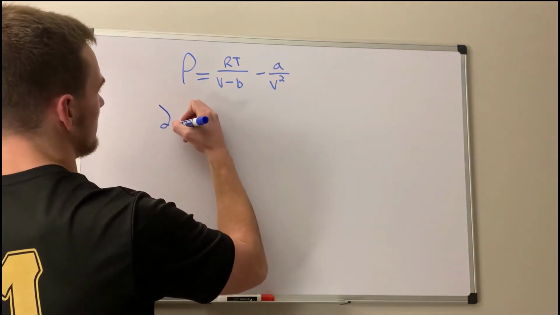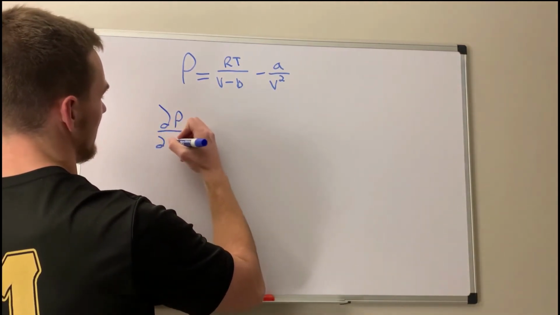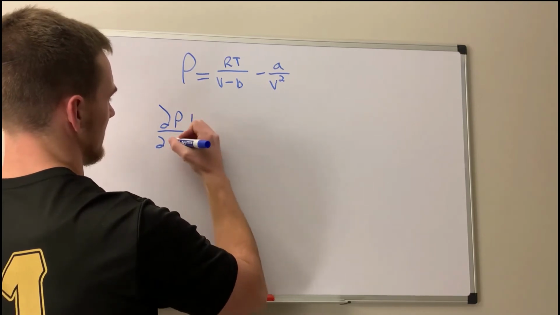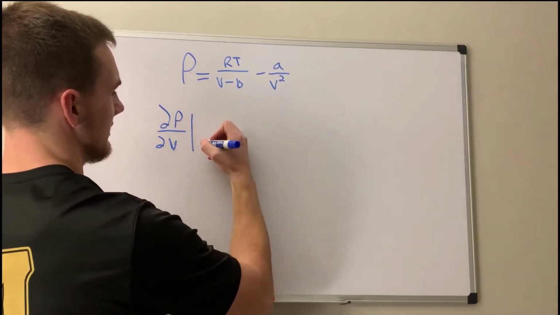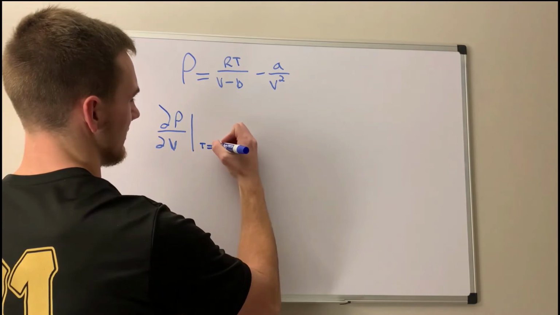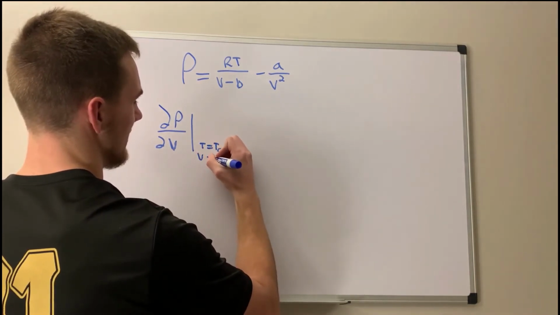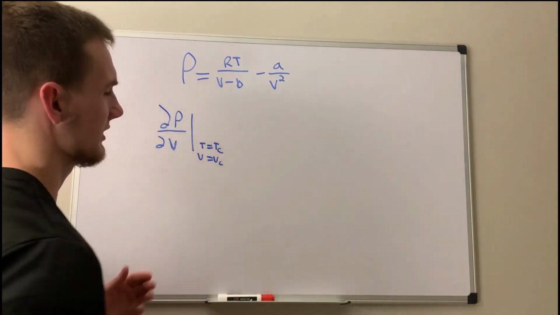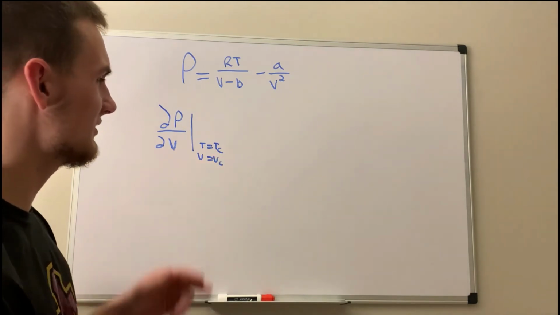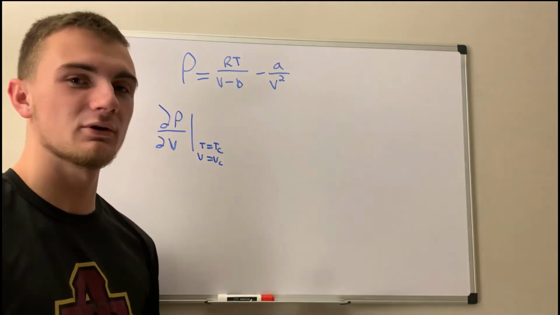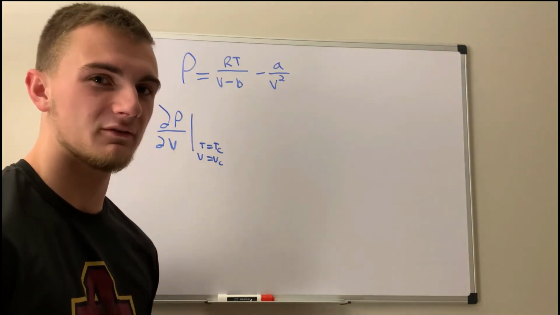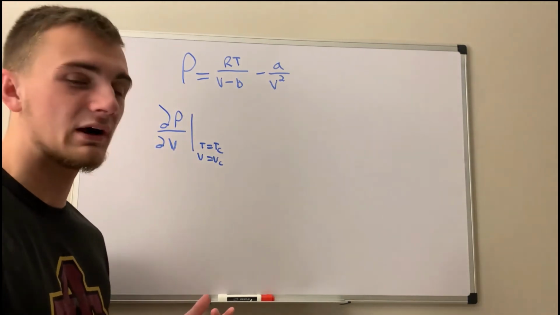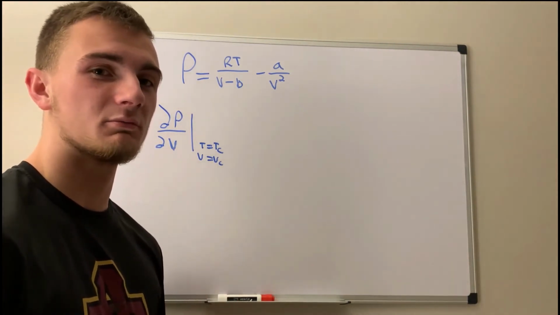So we'll have the partial derivative of pressure with respect to specific volume. I'm going to change these variables to TC and VC for the critical temperature and the critical specific volume to denote that we are at the critical point. That's very important to remember.